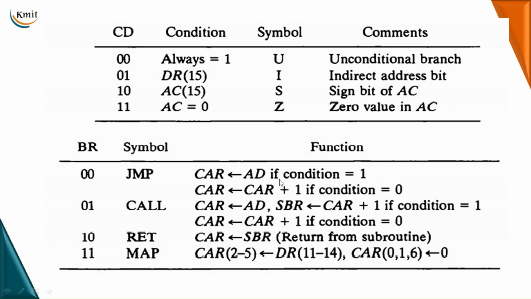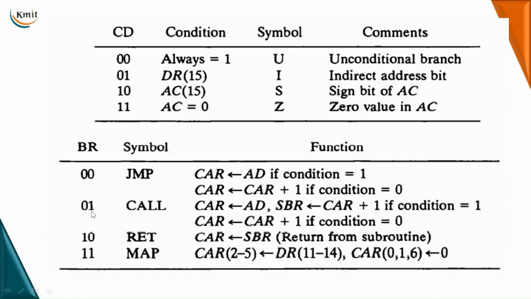Depending upon the status bit which is specified in the condition, if this particular condition is satisfied, if the condition is 1, it is set, then the contents of the address register are moved into the control address register. If the condition is false, we simply increment the contents of the control address register by 1. That is jump.